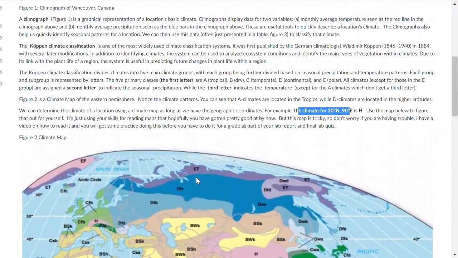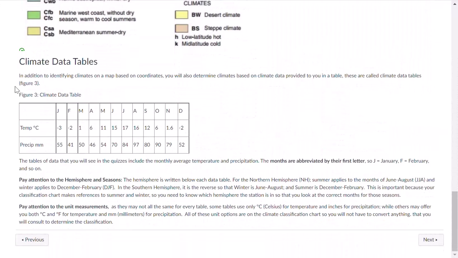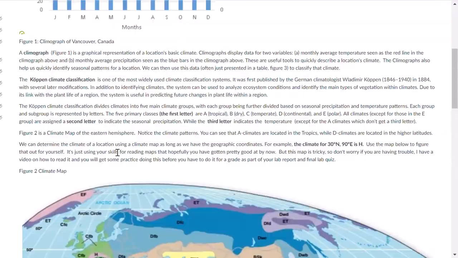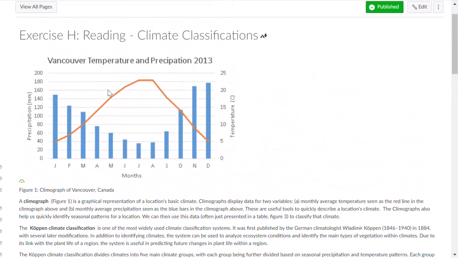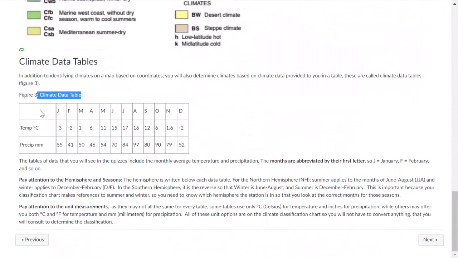So in addition to locating these, you are going to have to use climate data tables. And this is what we are going to be using in conjunction with the climograph up here. So we talked about this, you know exactly what this is representing. And this is going to be the climate data that is going to help us to identify which graph is correct.